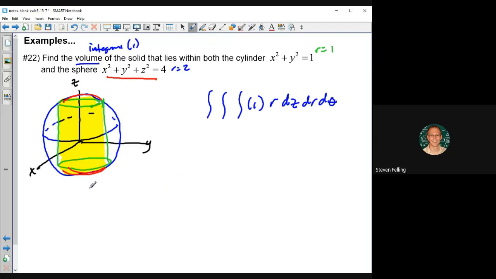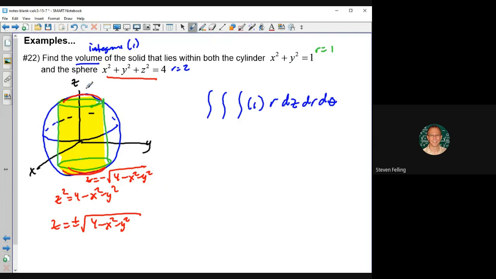So down here, well, if I solve this for z, I'm going to get z squared is 4 minus x squared minus y squared, or z is plus or minus the square root of 4 minus x squared minus y squared. So it looks like this bottom curve is going to be z equals negative square root of 4 minus x squared minus y squared.